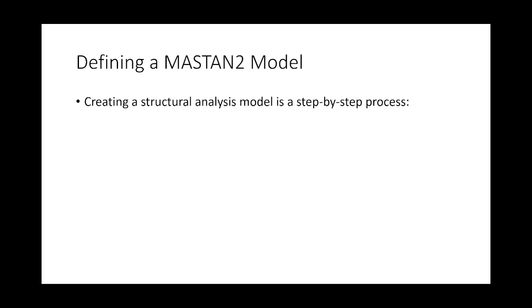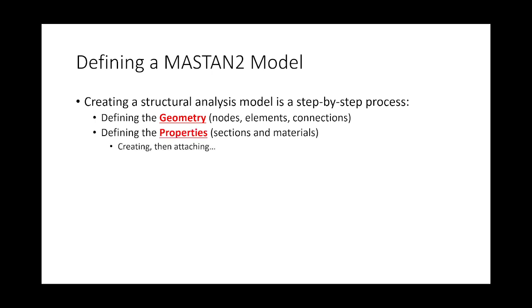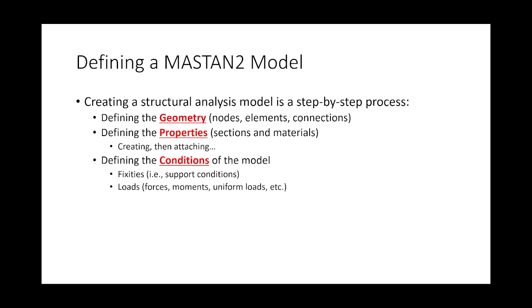All right, here's how you create a structural analysis model in MASTAN. The first thing you do is define the geometry. That's the nodes and the elements, the connections, that's the internal hinges. You define the properties, so that's the material properties and the section properties, and then attach them to the structure. You then define the conditions of the model.